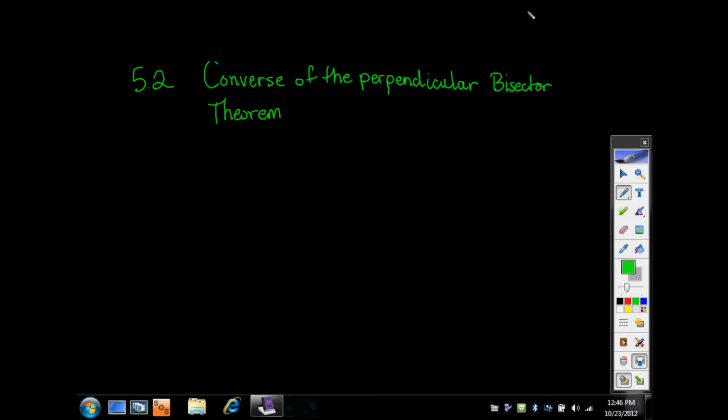Anytime you see the word converse in a theorem, it just means the same theorem we just did, only backwards.